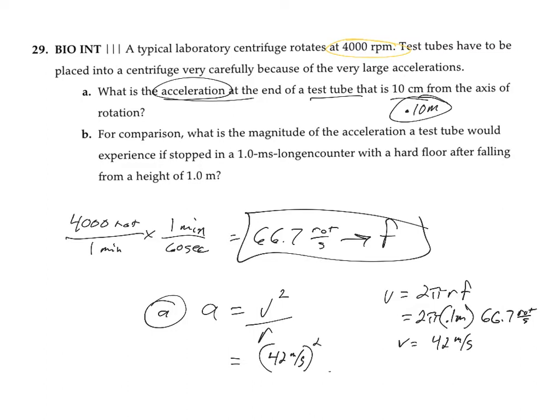Let's square it. Radius is 0.1. So my number's already in there. I squared it, divided by 0.1, and I get an acceleration of a really big number. My calculator says 17,563. That would be meters per second squared. We'd probably just call that 18,000 meters per second squared.